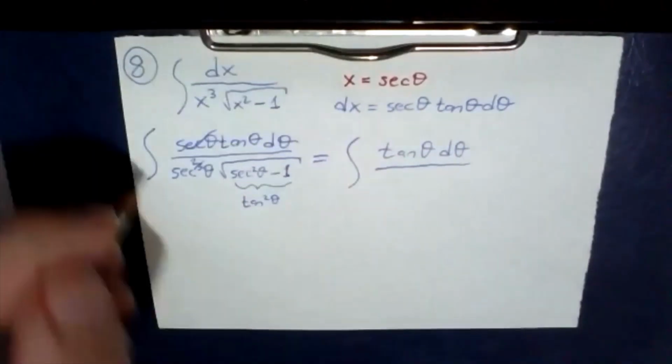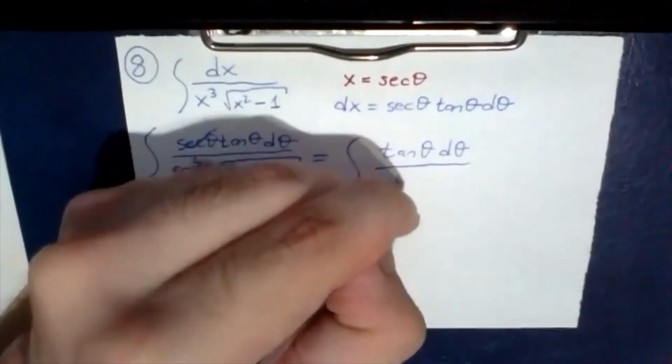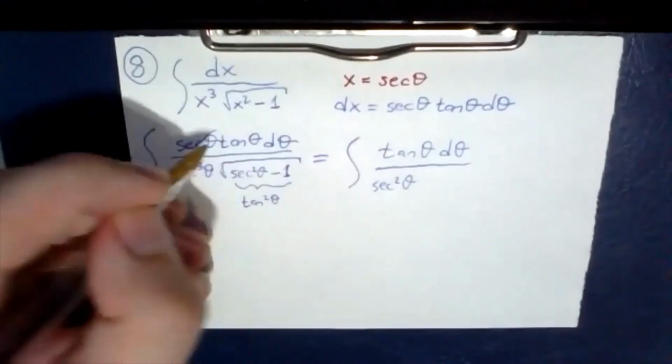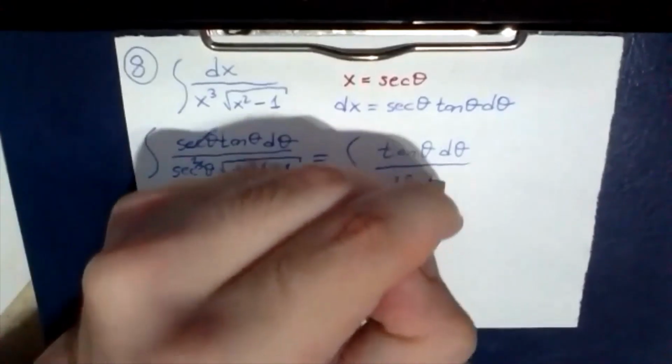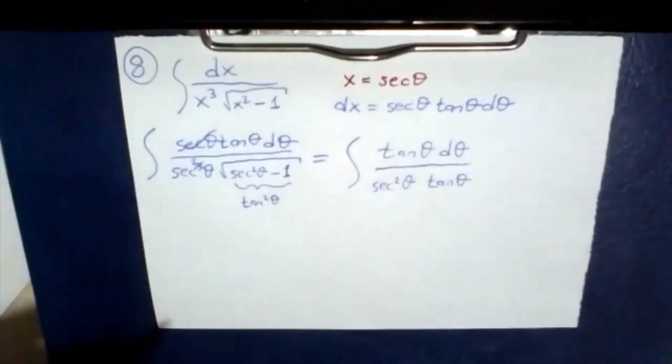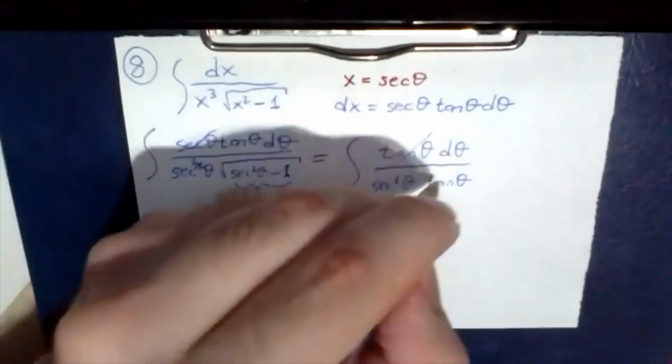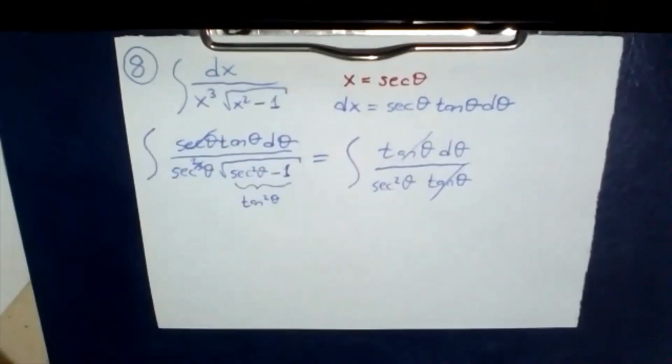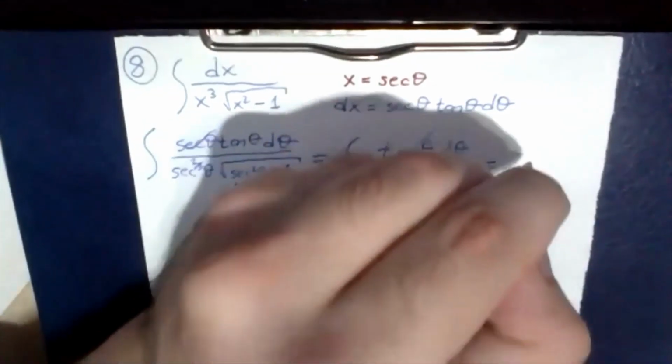In the denominator, secant square theta is left, and the square root of tangent square, which is also equal to tangent theta. Hence, we can simplify these tangent thetas again. So we have d theta over secant theta.